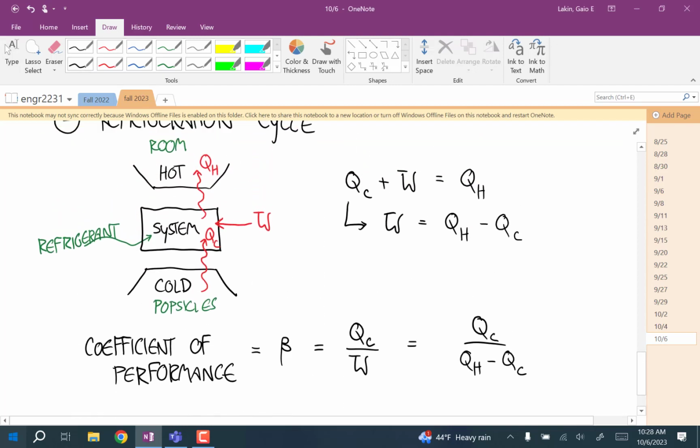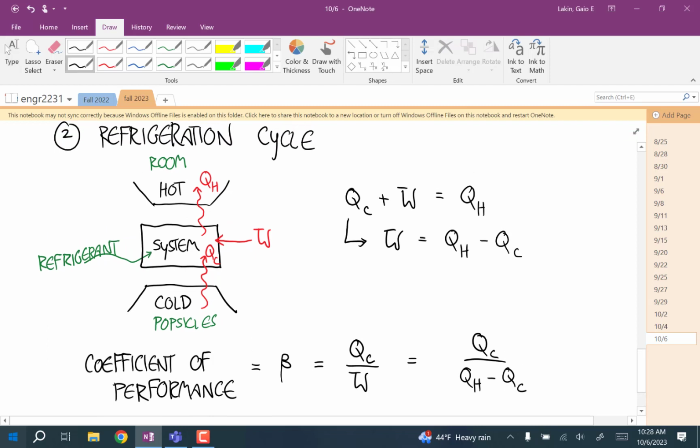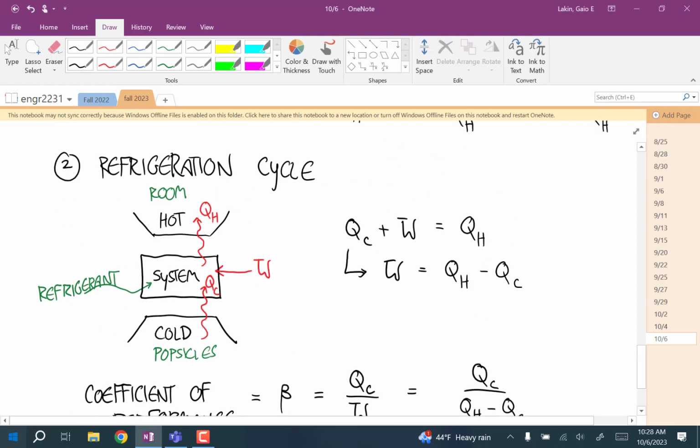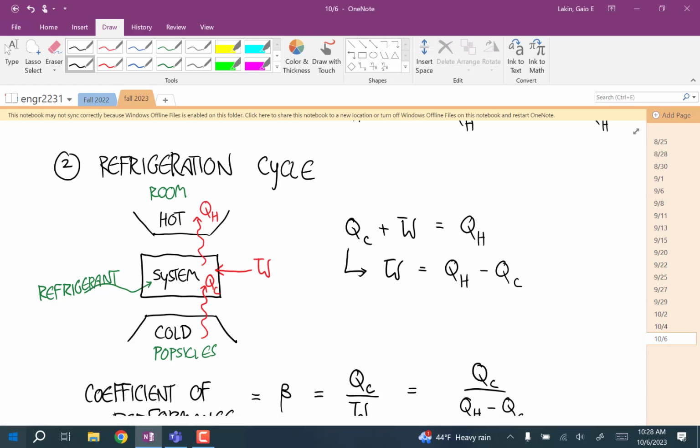The only difference is in a refrigeration cycle, you don't really care about what's happening at the room. You know, what you're trying to do is at the popsicles. At the heat pump cycle, what you care about is the room. And instead of popsicles, this is just outside your house or whatever. So what you care about is the thing that changes, but the cycle is the same.